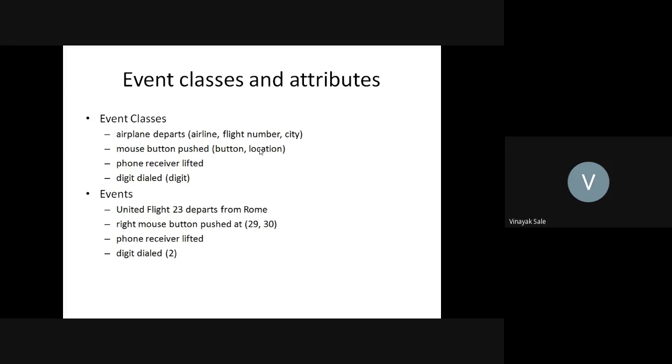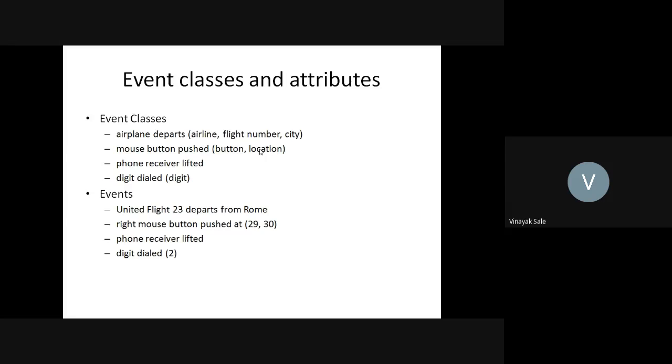Then what are the events? In the case of the event class airplane departs, the attributes are airline, flight number and city. So what is an event? United flight 23 departs from Rome. This is the event, and the event class is airplane departs.